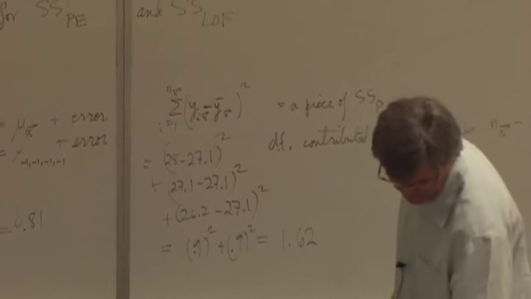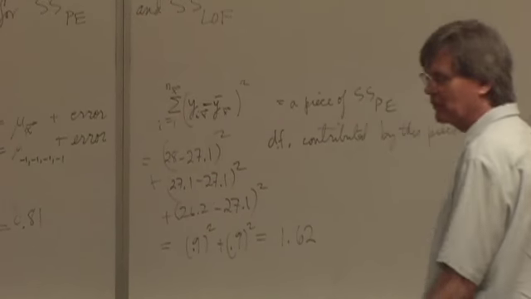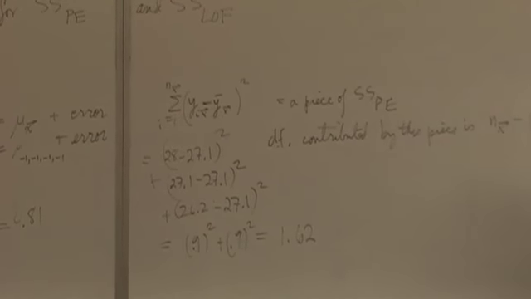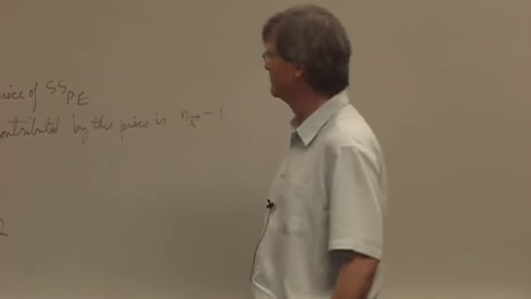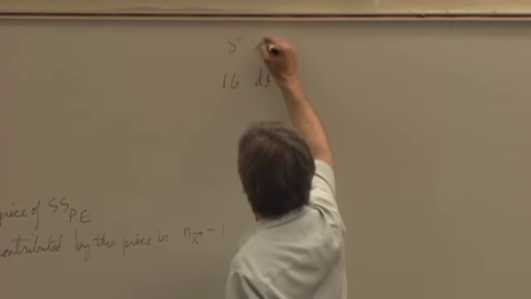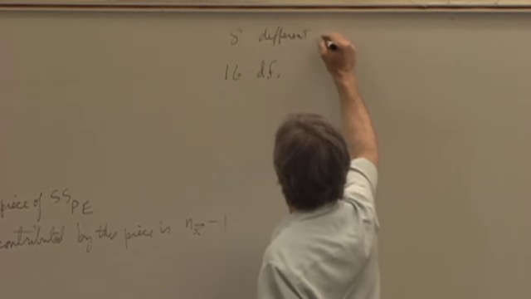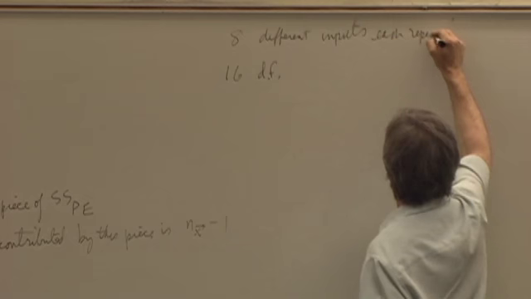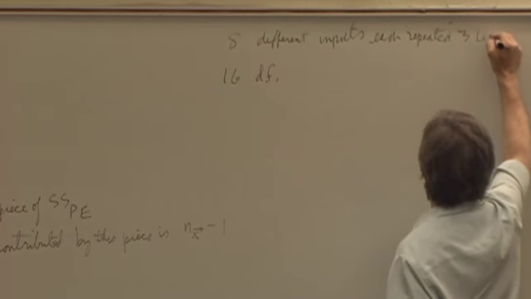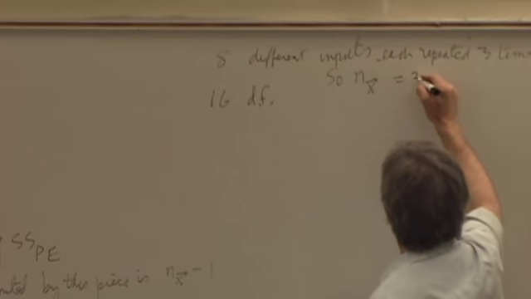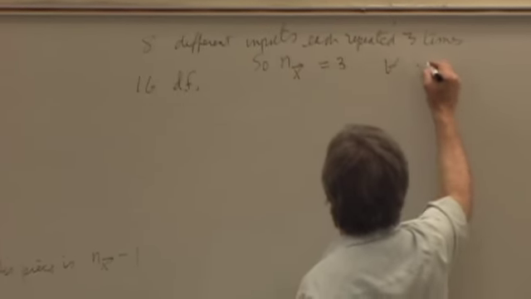So how many different inputs were there? There were 8 different inputs. You got 2 degrees of freedom from each one. So how many? 16. There were 16 degrees of freedom for SSPE, therefore. And we can say that as the summation from j equals 1 to L of n sub j minus 1. So it's the inputs, each repeated 3 times, so nx equals 3 for every vector x.